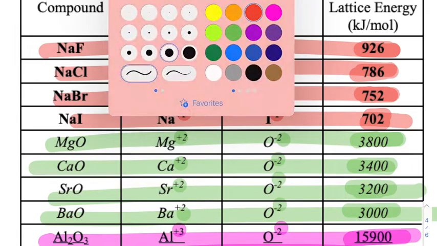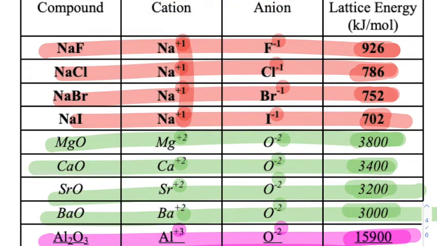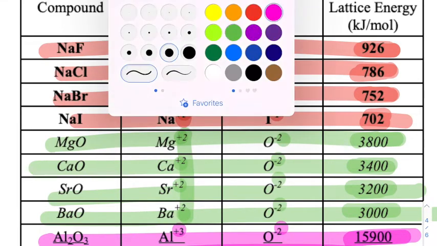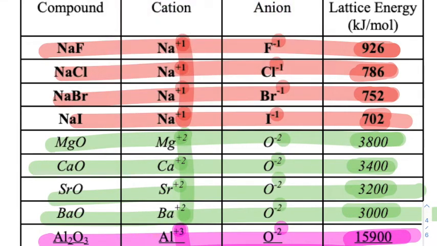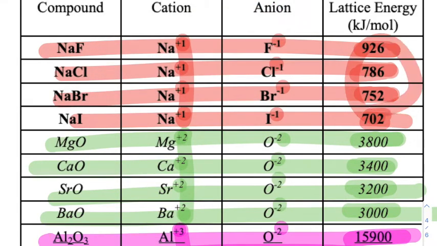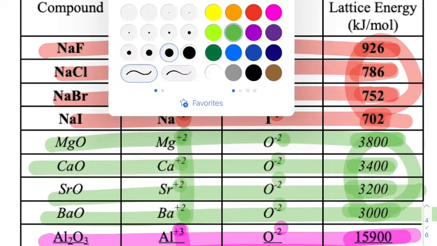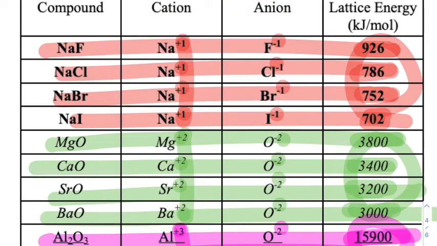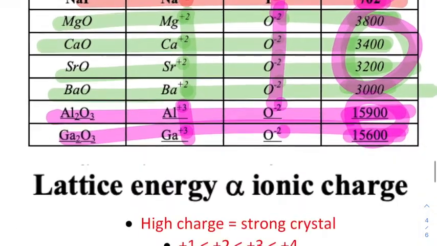+1s here were less than +2s here, were less than +3s here, according to their lattice energies over here, here, and here. The negative ones that were here were less than the -2s here in their respective columns.